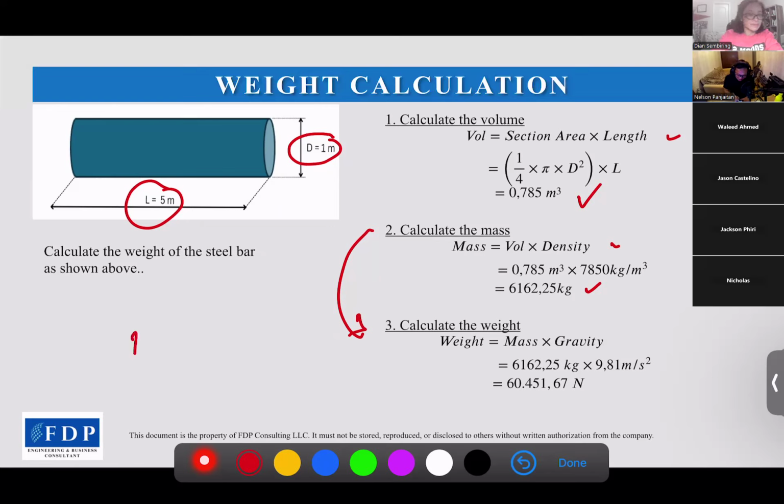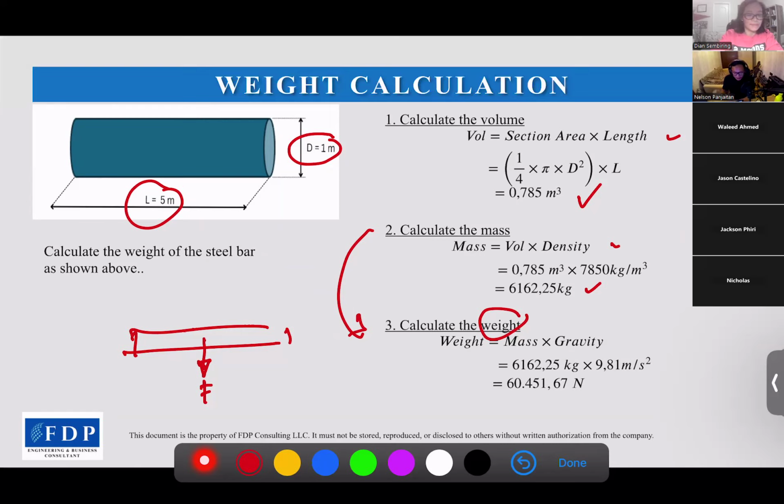If we have the steel bar like this, then this weight will be acting at the COG like this. From this, we can find the reaction at the lifting point. And the reaction itself is vector units.